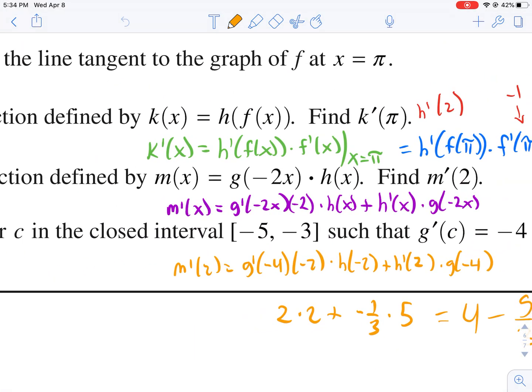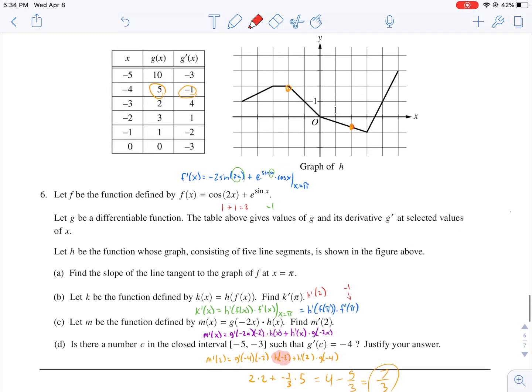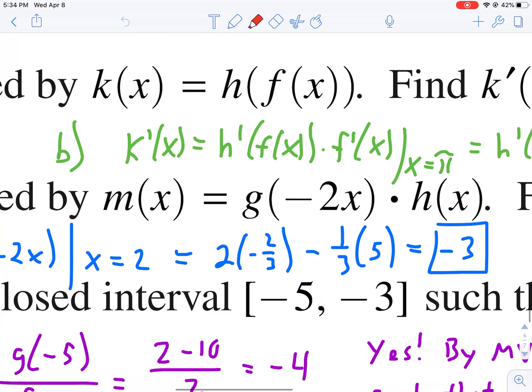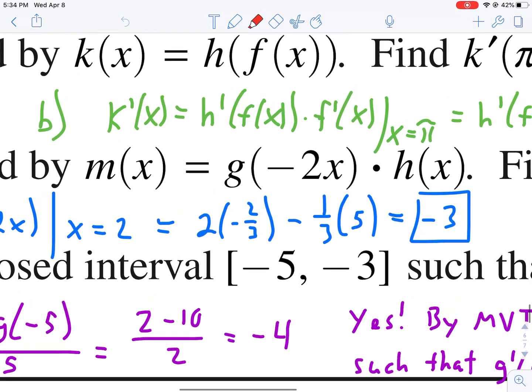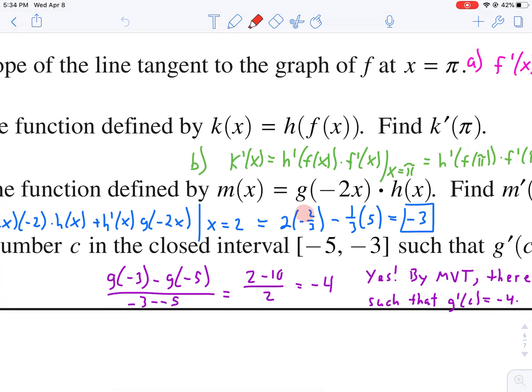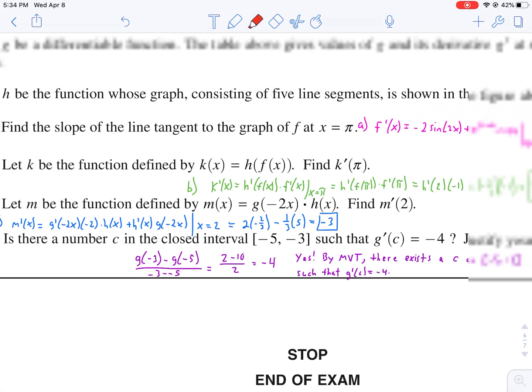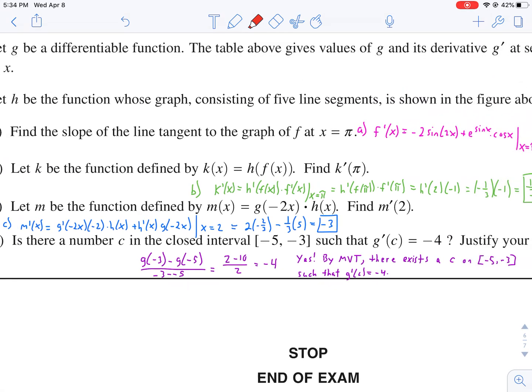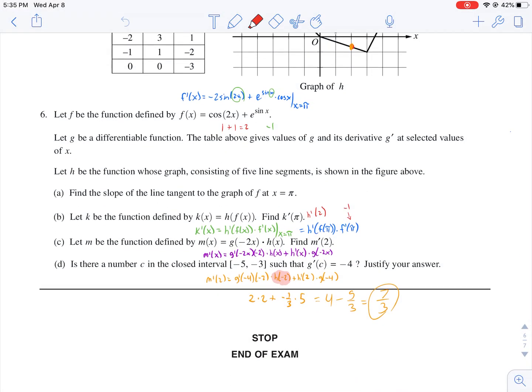I called it h of negative 2 right here, and it should have been h of 2. And the y value at 2 is negative 2 thirds, which is what I'm showing right here. Yeah, sorry, I plugged in negative 2 for my x just into that part for some reason. All right. So you can ignore some of that work, but the explanation was good. I just used the wrong number.